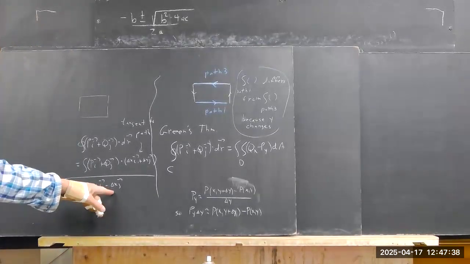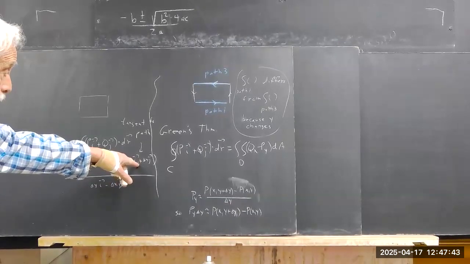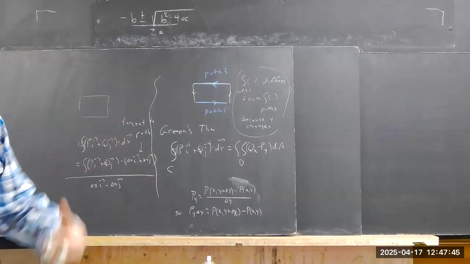Delta y i minus delta x j has a negative reciprocal slope to the tangent, therefore it's normal.